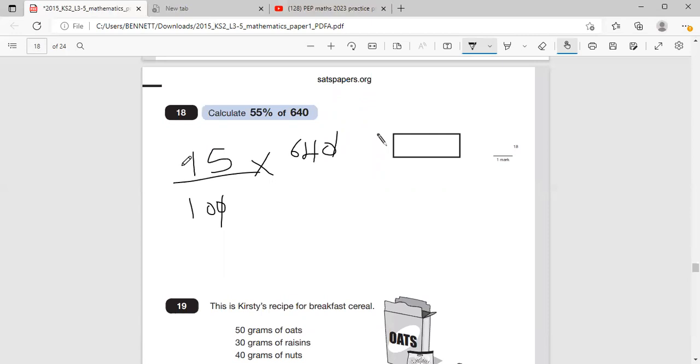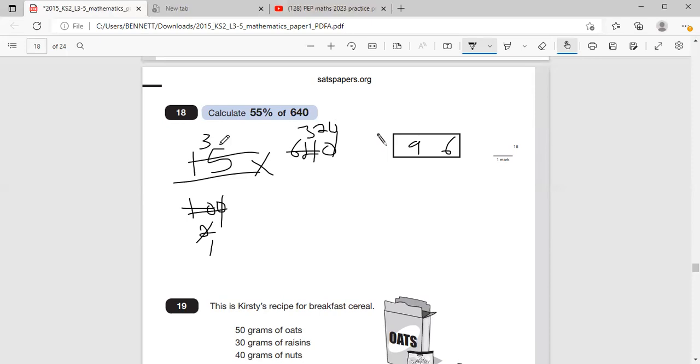Now I can use 5. 5 into 15, that's 3. 5 into 10, that's 2. 2 into 2, 1. 2 into 64, 32. So that would be 3 times 2, 6, and 3 3s are 9. So that's 96. This is crazy. Yeah man, it's 96.